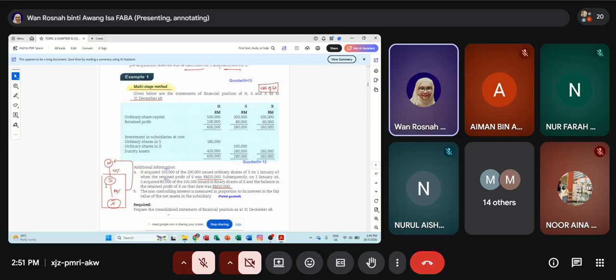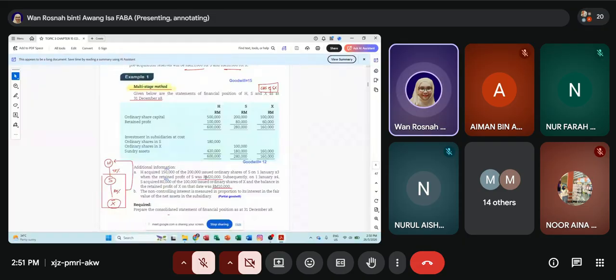S here is a subsidiary of H, so H has an indirect interest in X. If you notice from the diagram here, H has an interest in X by virtue of S. So let's go through the additional information here, whereby H's shareholding in S is 150 divided by 200, which is 75% ownership, and NCI here is 25%.